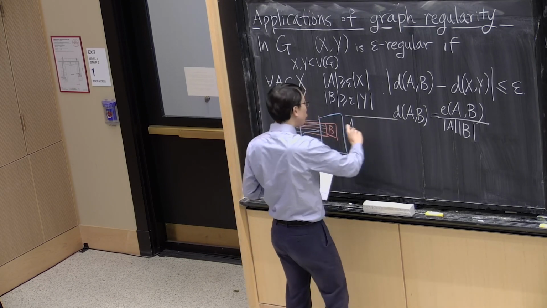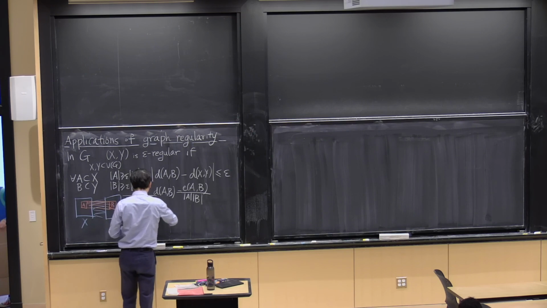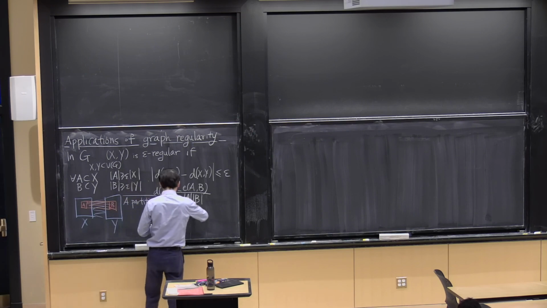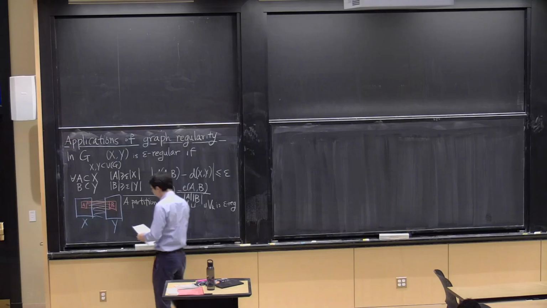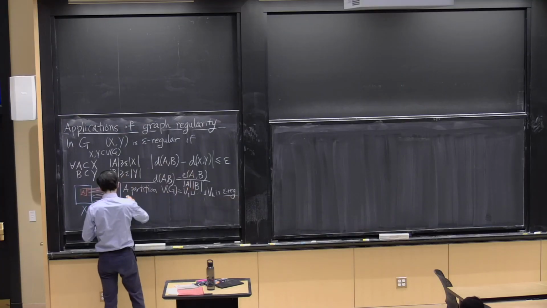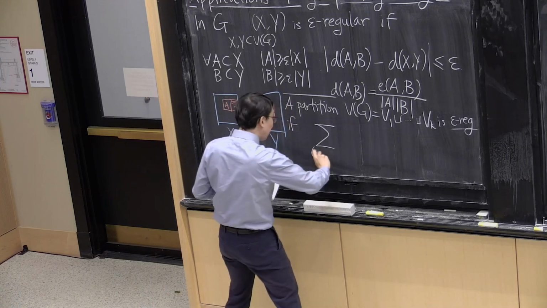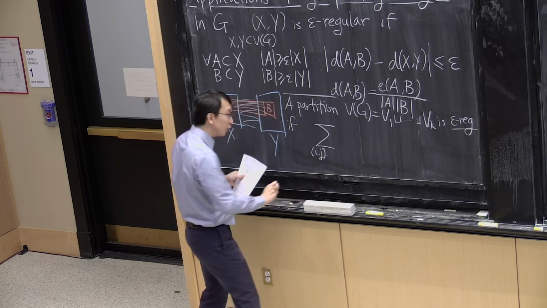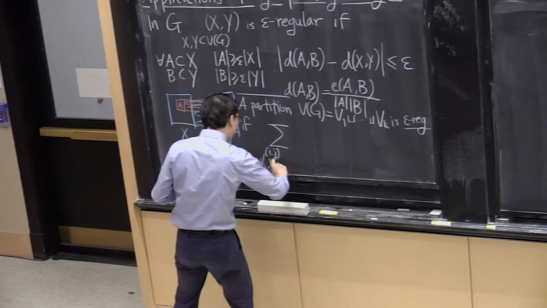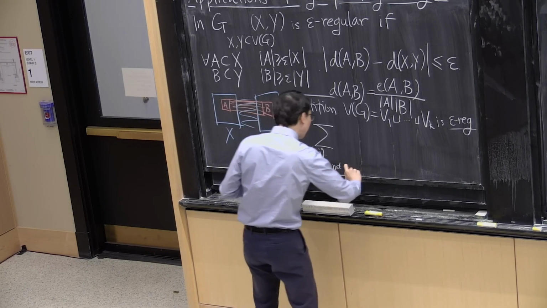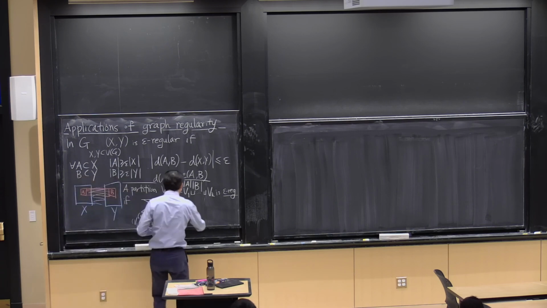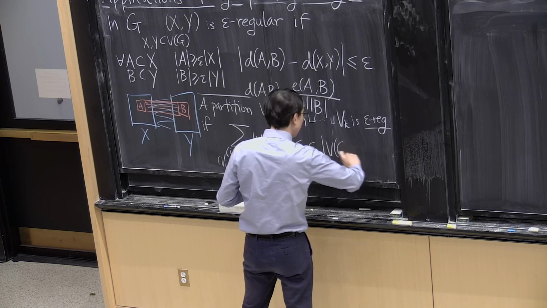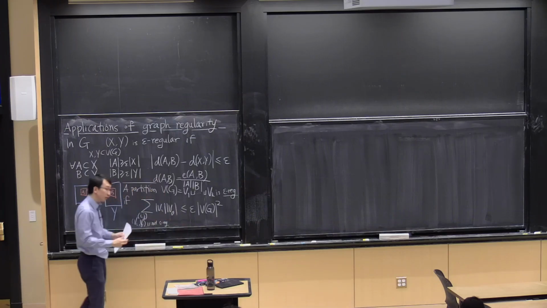And we say that a partition of the vertex set of the graph is epsilon regular if, summing over all pairs ij such that Vi, Vj is not epsilon regular, if we sum up the product of these part sizes, then this sum is at most an epsilon fraction of the total number of pairs of vertices.